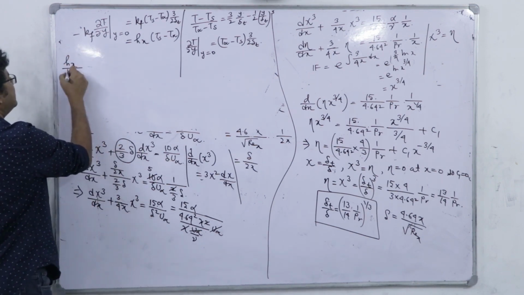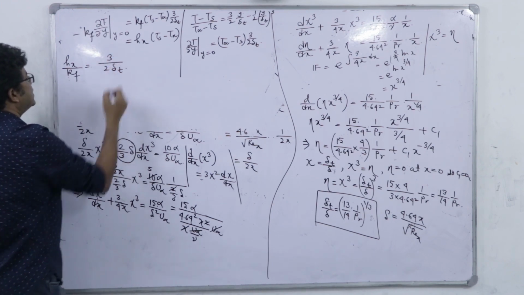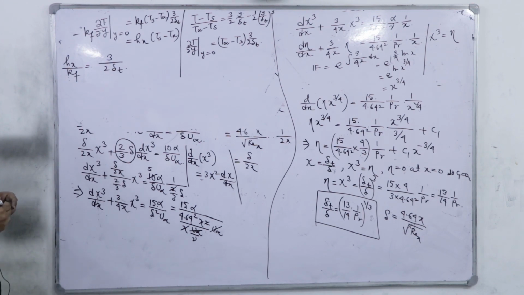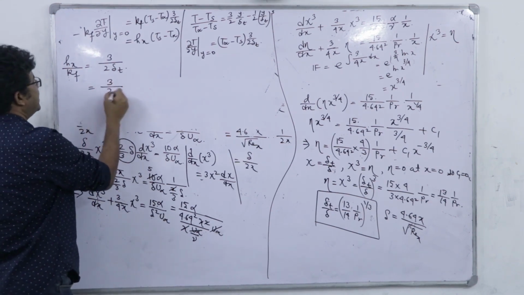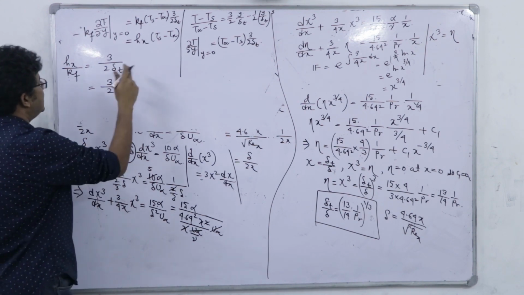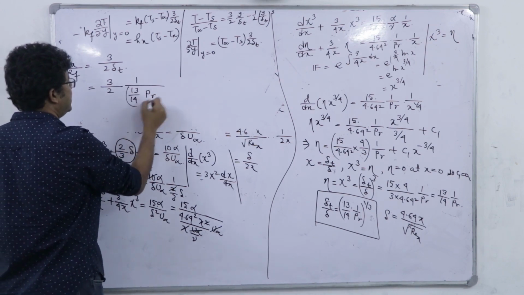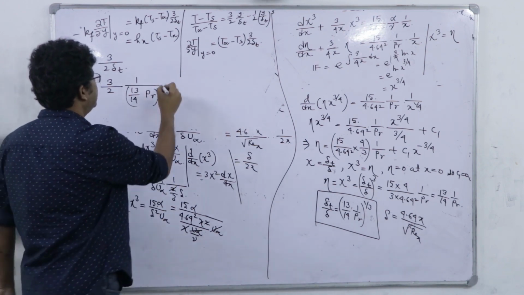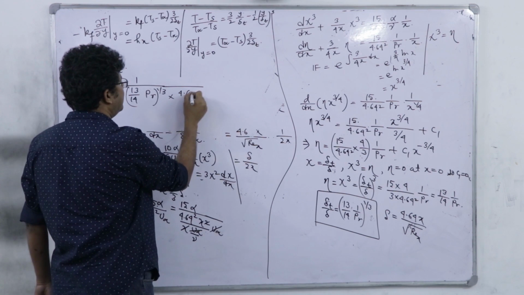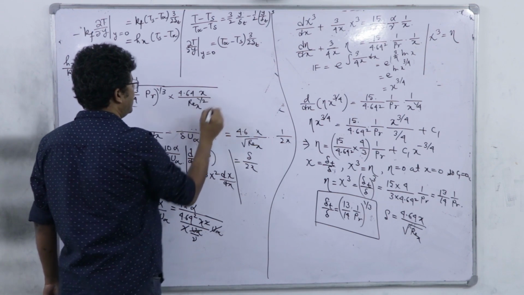So, Hx divided by Kf is equal to 3 divided by 2 delta T, and that is equal to 3 divided by 2 and delta T 1 divided by 13 by 14 into Prandtl number to the power 1/3 multiplied by delta, and delta is equal to 4.64 into x divided by Rex to the power half.